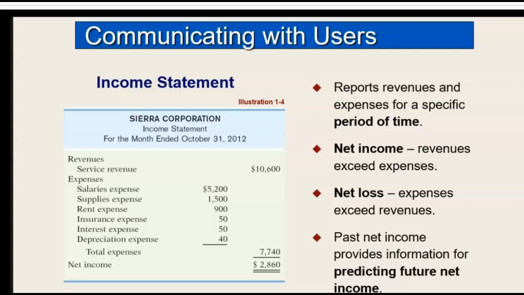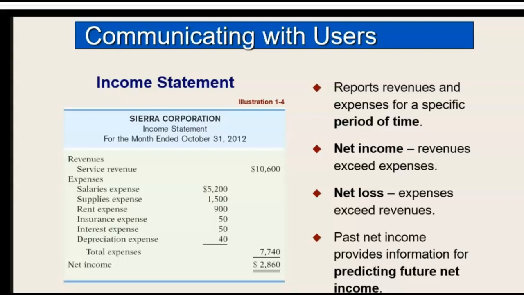It is the income statement for this company's year of operation. It's also for the month ended October 31st. Now, the income statement is called a time period statement. And in the heading, you see the time period.